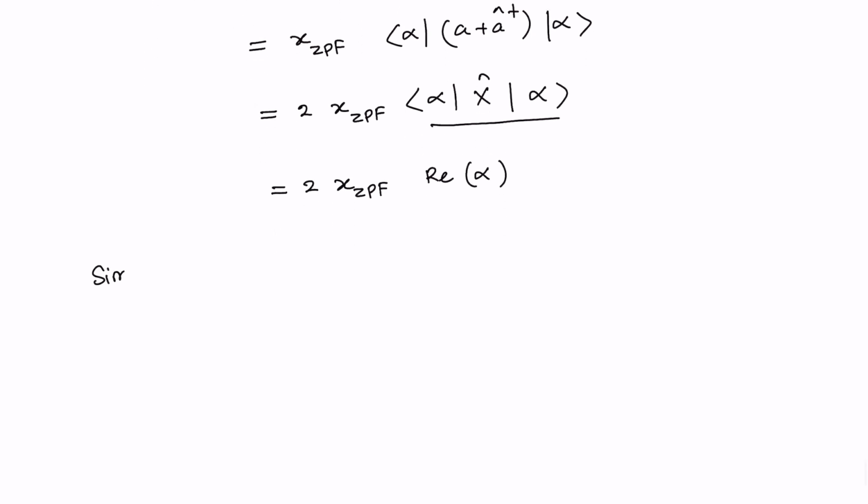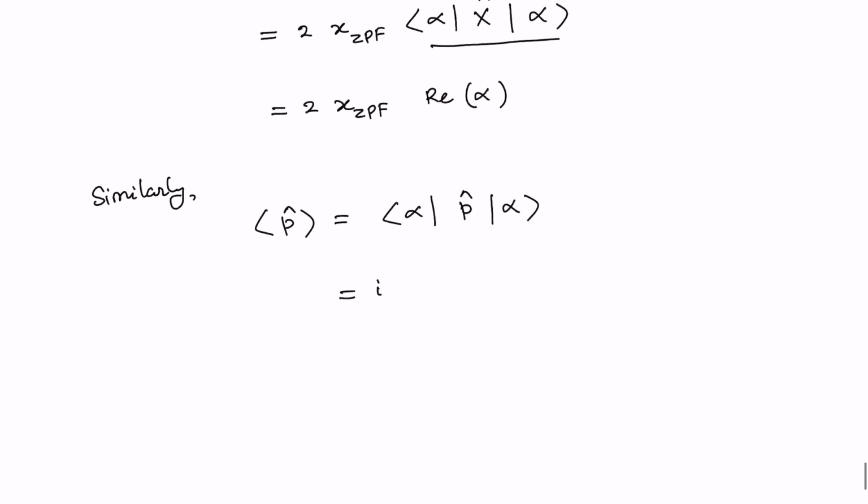Similarly, you can calculate the expectation value of the momentum operator in the coherent state, and that's going to be ⟨α|p̂|α⟩, and p we already know is i m ω x zero-point fluctuation (a† − a).